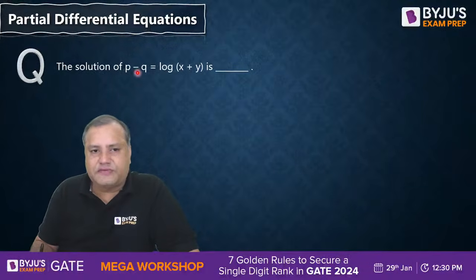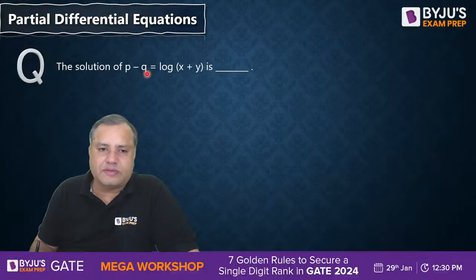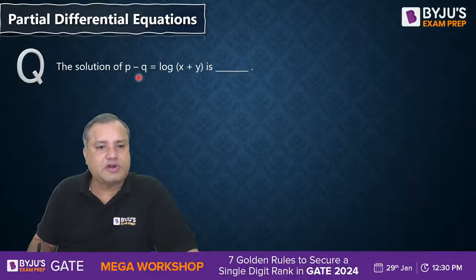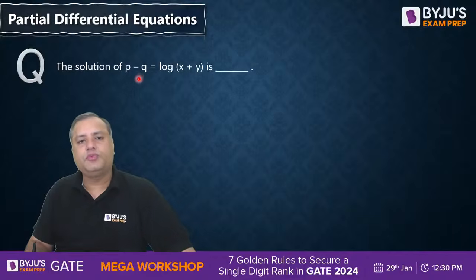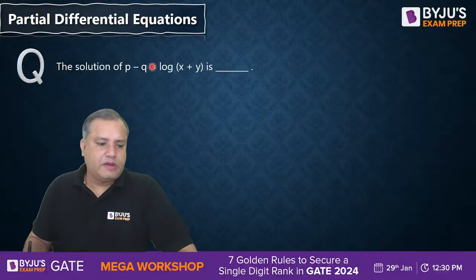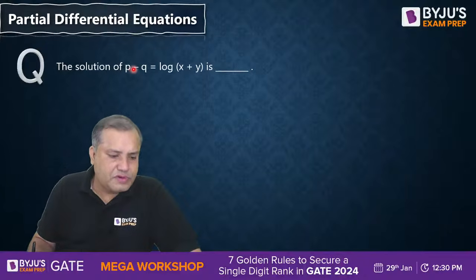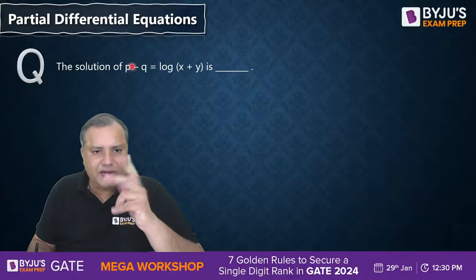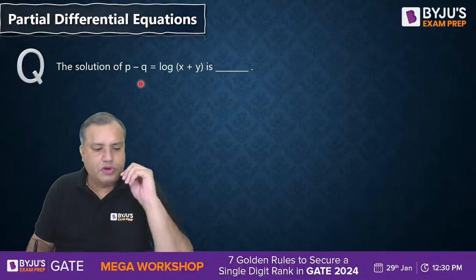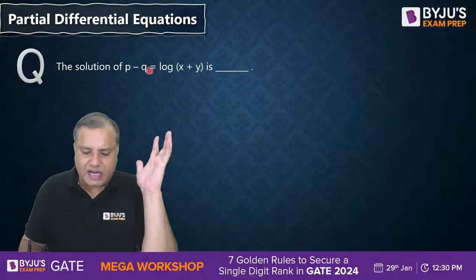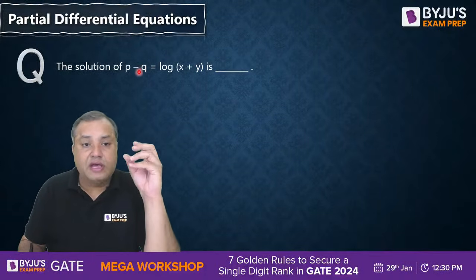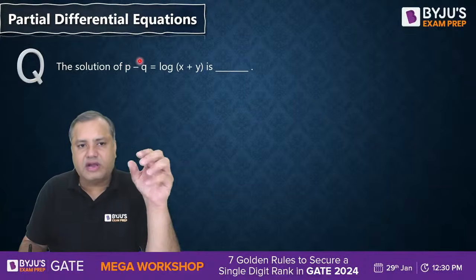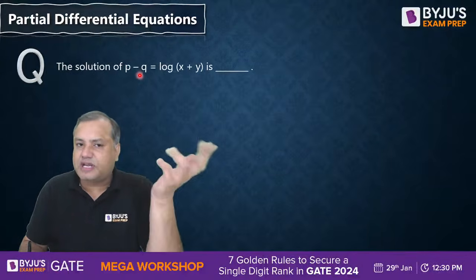Students, in this differential equation, there are only two derivative terms, p and q. Both are first order derivatives. What is the degree of p and q? Sir, 1. Are they multiplied together? No. So p and q occur in degree 1 and are not multiplied together.